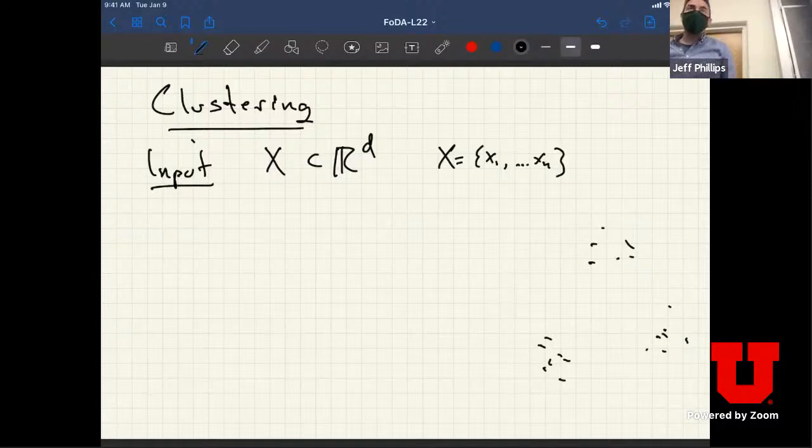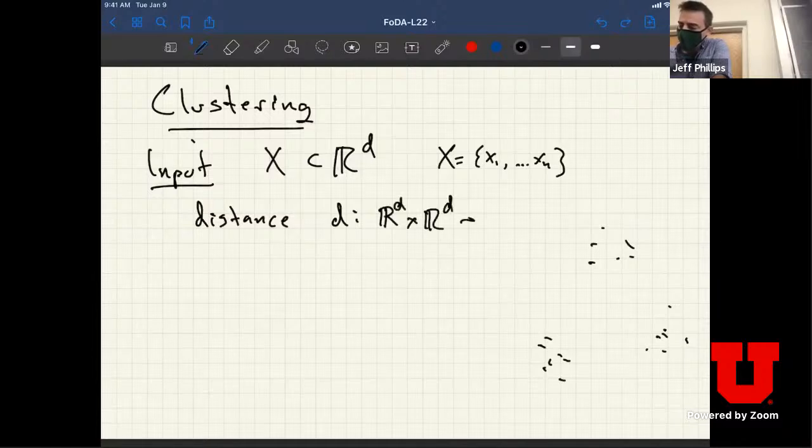The other part of the input, which is often implicit, is some sort of distance d, which is a bivariate function from R^d cross R^d. So it just takes in the data and some distance.